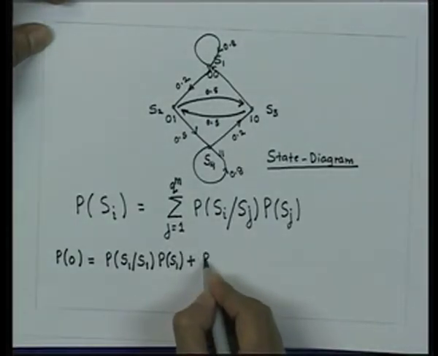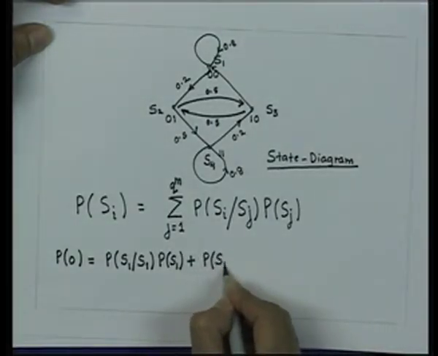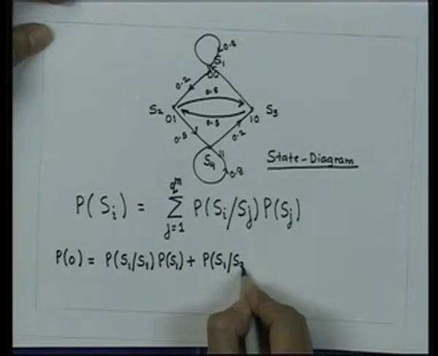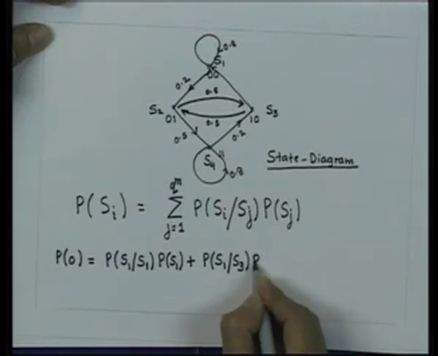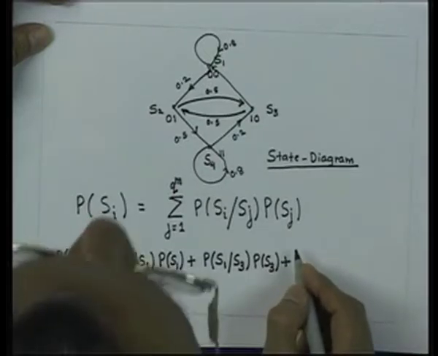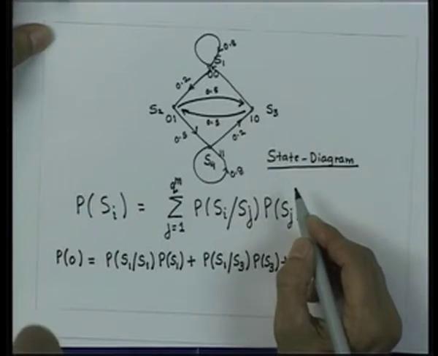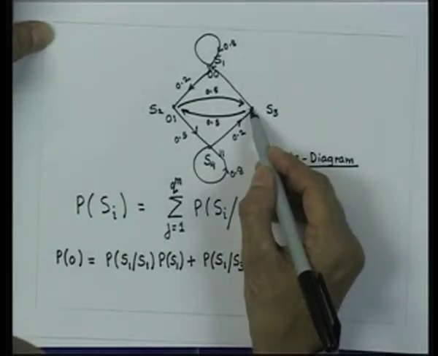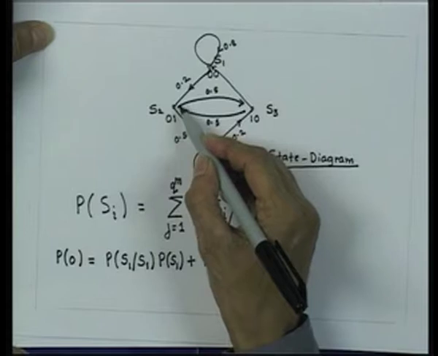So, what is the probability of coming to state S1 from S3 multiplied by the probability of S3 itself, plus I have the probability from S3 to S2.